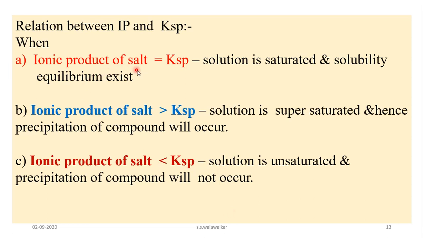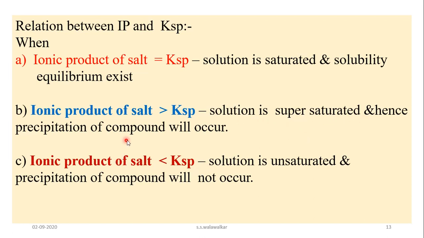When ionic product of salt is equal to solubility product, then the solution is saturated and solubility equilibrium exists in the solution. When ionic product of salt is greater than solubility product, it exceeds the solubility product, then the solution is supersaturated.